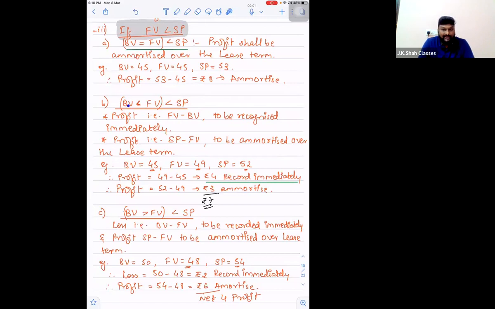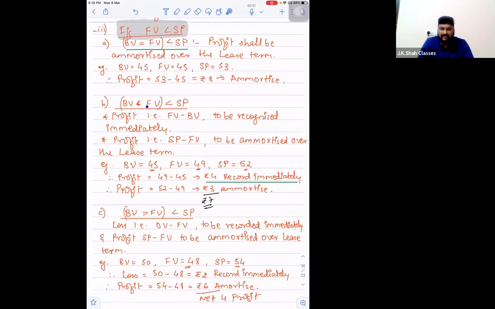If book value is less than the fair value, then sir, technically here, 2 types of profit should be recorded. 2 types of profits. Right? What are the 2 types of profits? Sir, fair value greater than book value. So the profit between fair value minus book value, first type of profit.